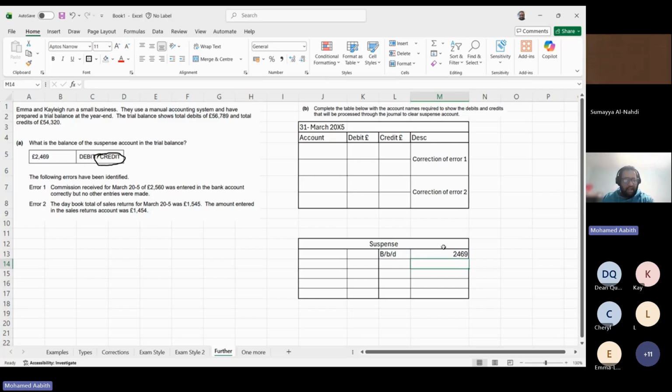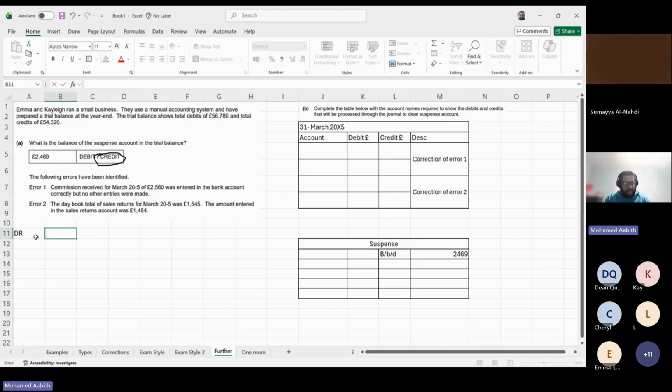Let's check it. Okay. First thing is complete the table below with the debits and credits to be processed to clear the suspense account. The first error is commission received account for March 2025 was £2,560. That was entered into the bank account correctly and no other entries were made. So what we need to remember, what is the debit?